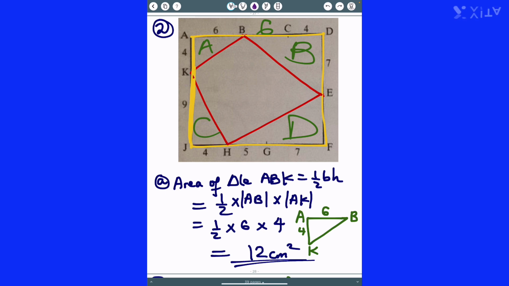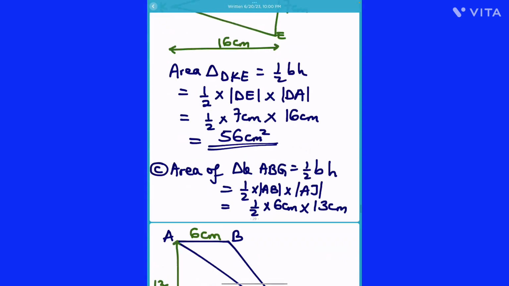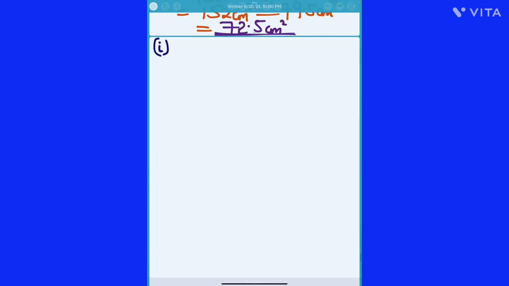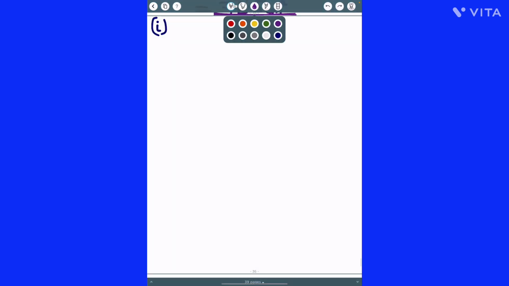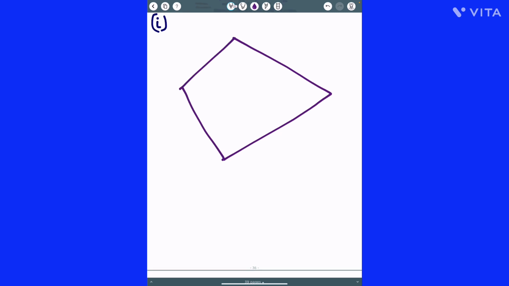Let me clean everything on the diagram. Let's go ahead and find the area of quadrilateral BEHK.